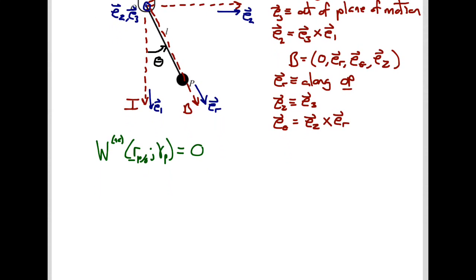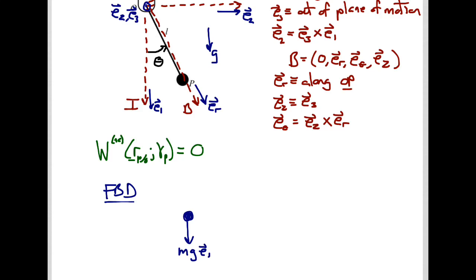To do that, we need to first identify what our non-conservative forces are. So we'll draw a free body diagram, and on it we're going to have two forces. Gravity is acting on this pendulum, so we have the force due to gravity, in the E1 direction.